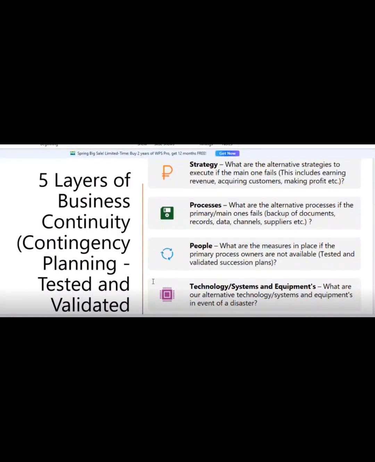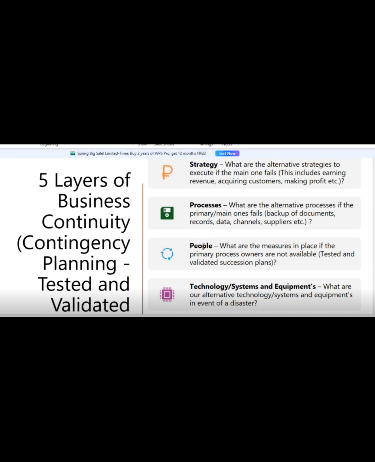And so that's why we want to consider the 5 layers of business continuity. They serve as the contingency plans, or should we say the alternatives to service delivery, so that if there's a disruption, we can get the organization to their optimal operation in the shortest period of time possible.